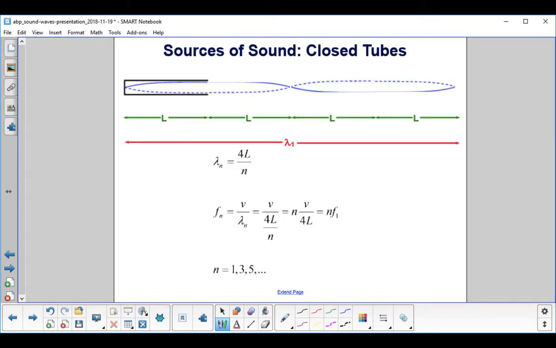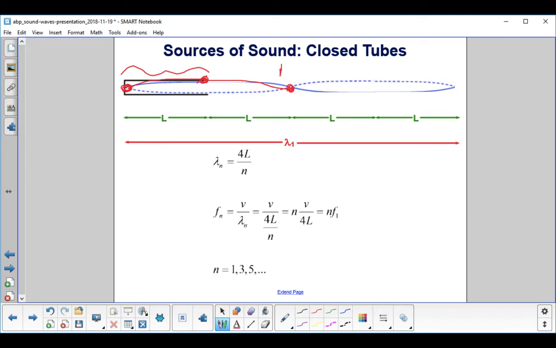Let's look at that fundamental frequency again, that first wave that fit into our pipe. Okay, we have our pipe of length L over here, and we know we start with a node at the closed end, and then we have an antinode at the open end. So the first part of the wave goes like this. Then since we need a complete wave, we start coming down to here, and what do we find over here?